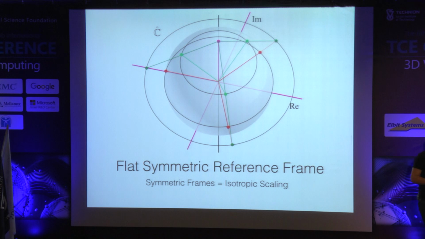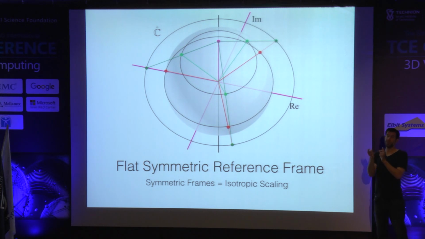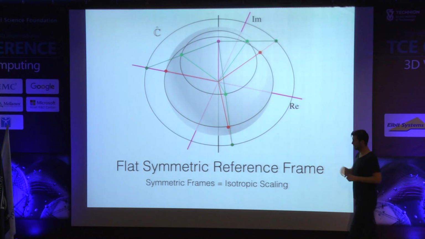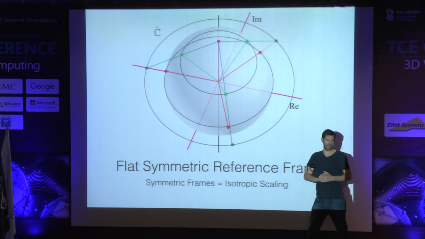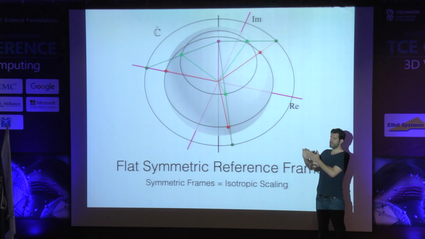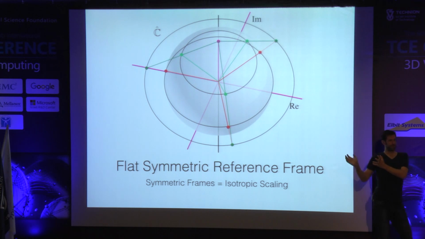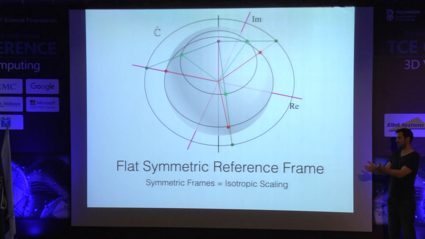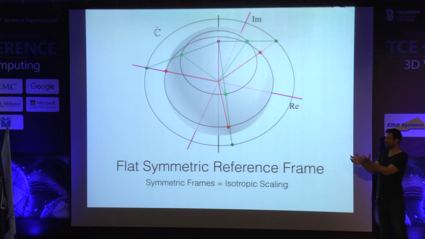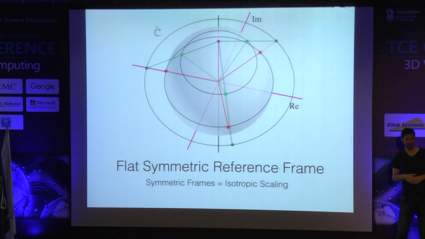Now, let's look at any frame that has threefold rotational symmetry, so like almost these three flags. Rotations are not relevant, so I can always align them with my flat frame. I can always make sure that these three sticks are kind of symmetric to my flat symmetric reference frame.